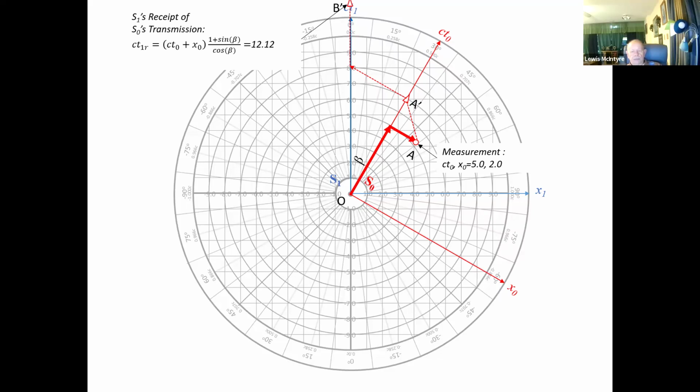This occurs at CT1 equal to 12.12 units of time. The Doppler shifted sum of CT0 and X0 can be rearranged to show that it is equal to the sum of the Lorentz transform for CT1 and X1.